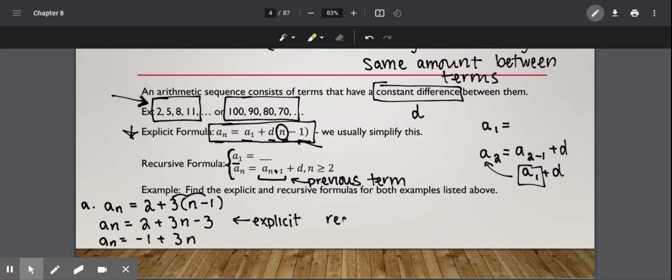If you wanted to find the recursive, so your recursive always starts by writing the first term, which we know is 2.